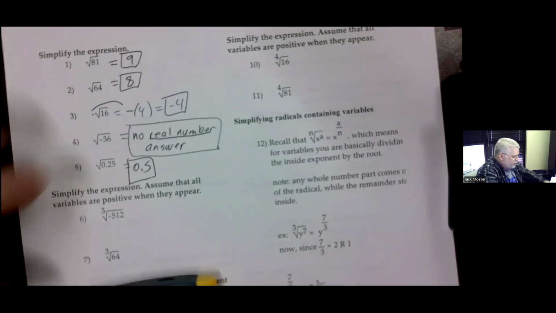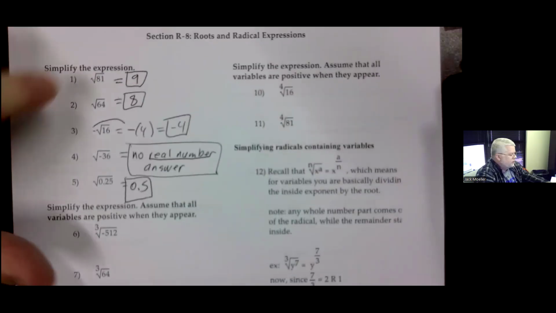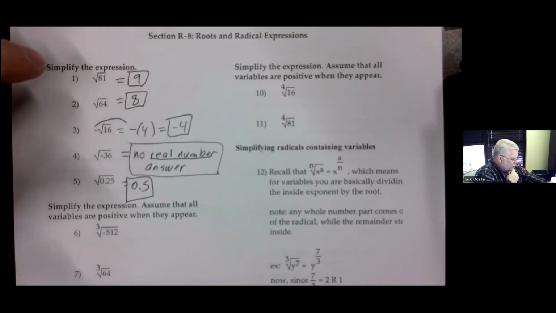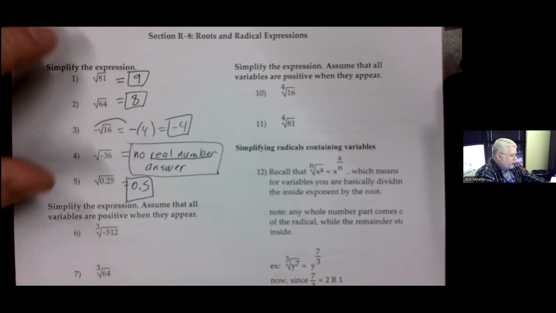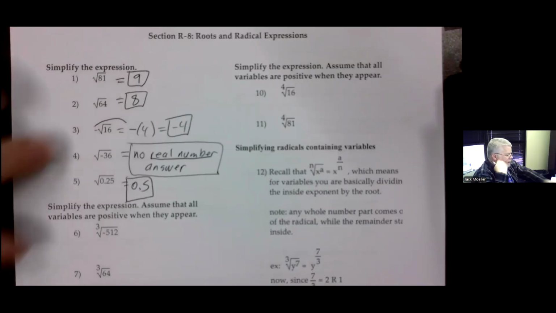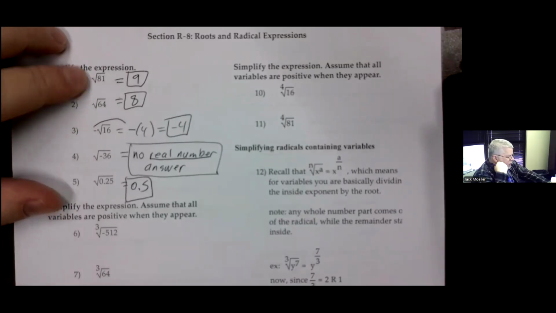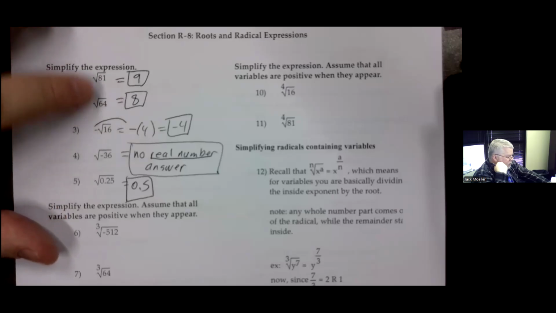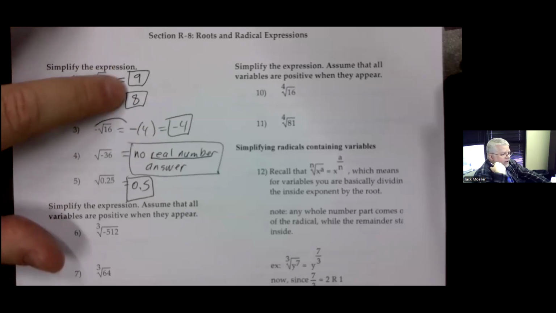Okay. All right. Now, all of these, well, other than the number 4, are what we call perfect squares. Right? Because 9 times 9 is 81, 8 times 8 is 64. We're going to do a lot of numbers, particularly with our quadratics, that are not perfect squares. So, for example, if you want to take the square root of 70, well, 70 is not one of these perfect numbers. 70 is between 64 and 81, so the answer should be between 8 and 9.